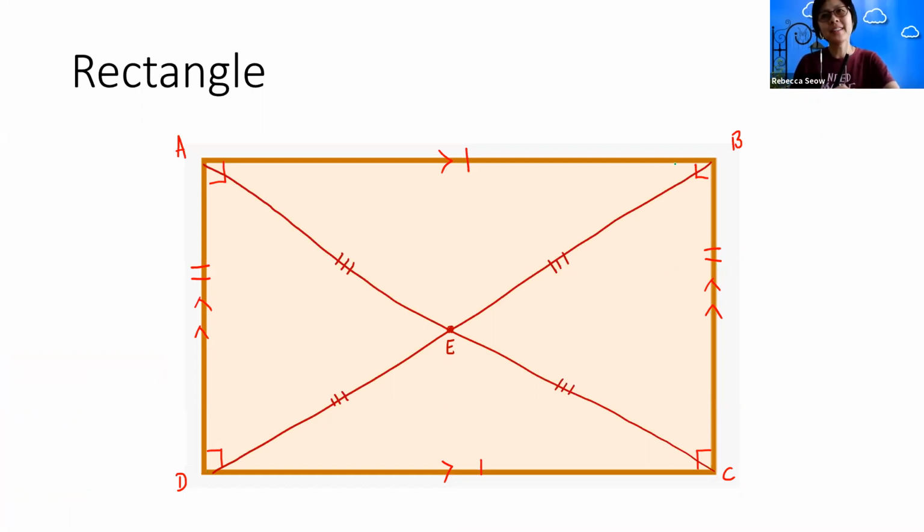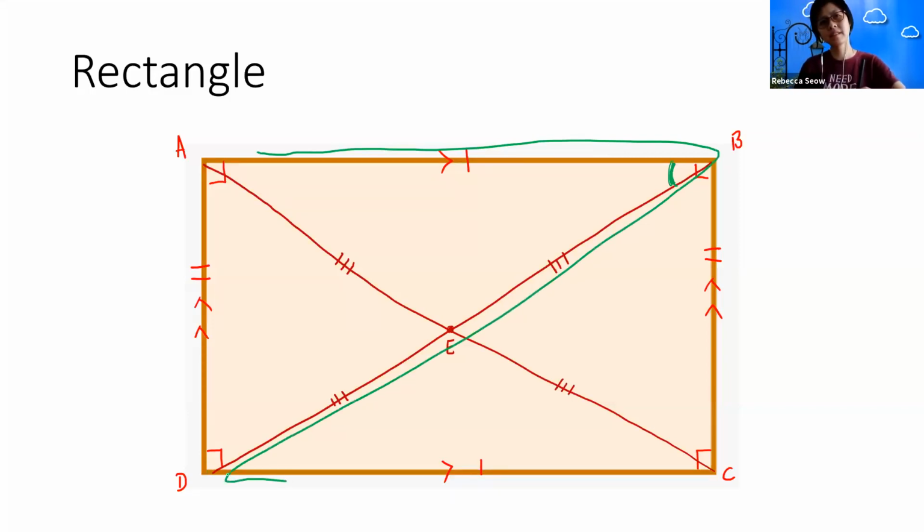Many more. Now, if you look at this angle here, angle ABD, let's say if I were to look at another angle that will correspond to this, that would make up an alternate angle. Are we able to do so? Now, alternate angle, we need to look for something that looks like a letter Z. Yes.